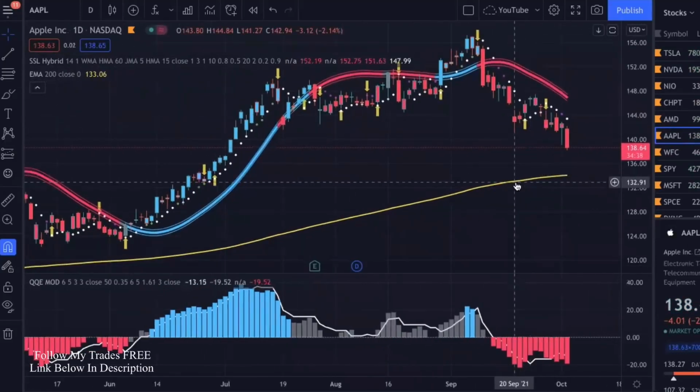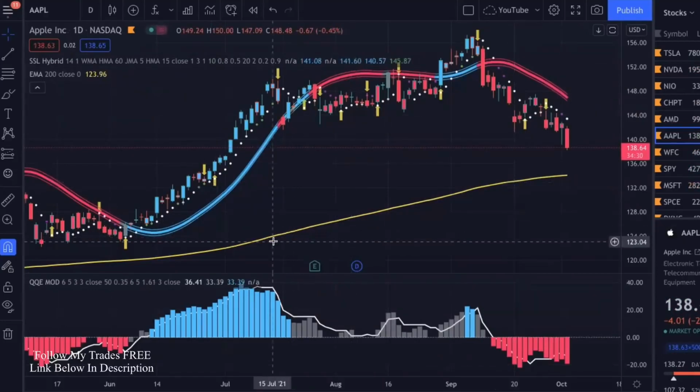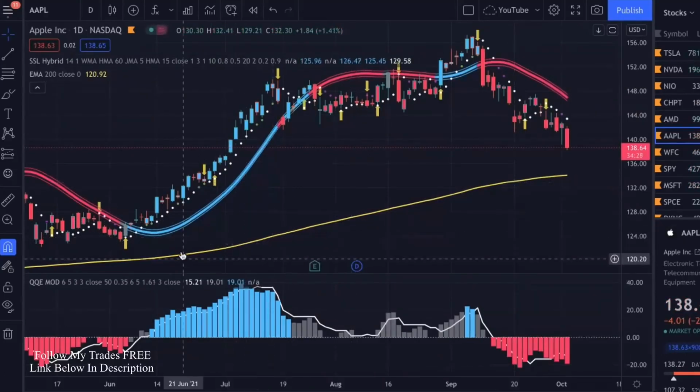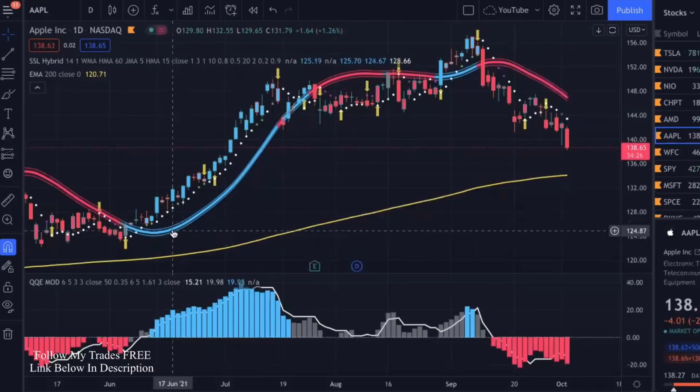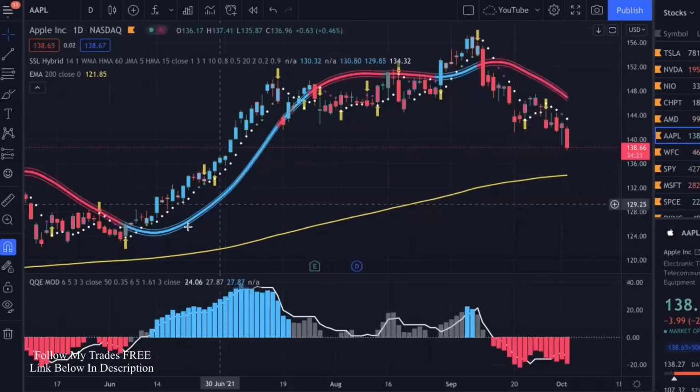What we're looking for is a few things to align if we're going to take a buy trade when the price is above the 200 EMA. Number one, we want the price action to be above this line, the trend line. Number two, we want to wait until we get a signal with an arrow.